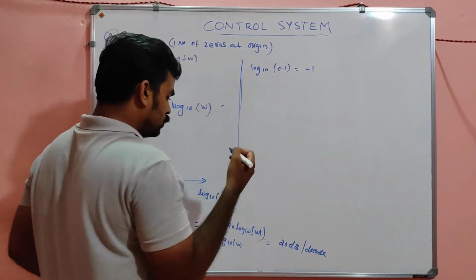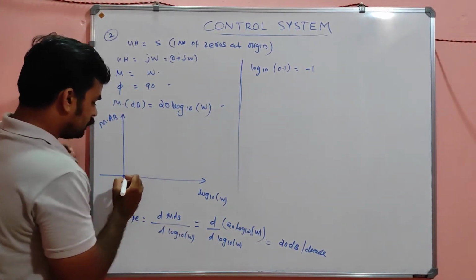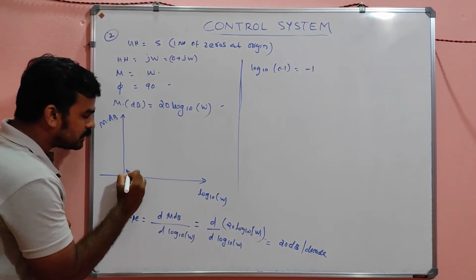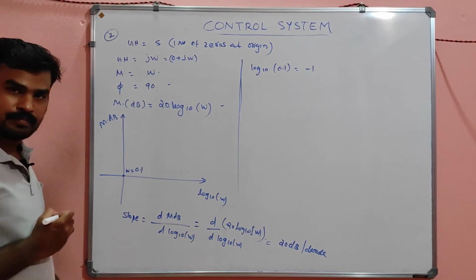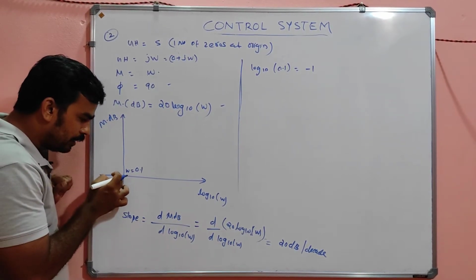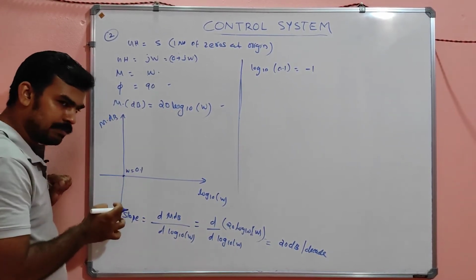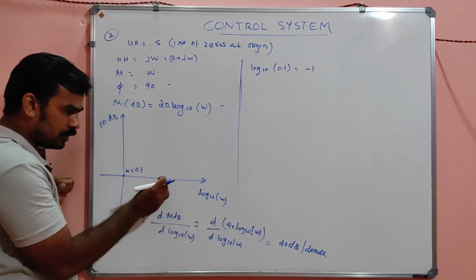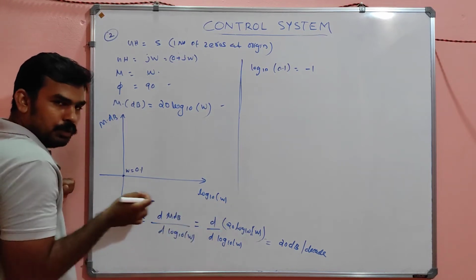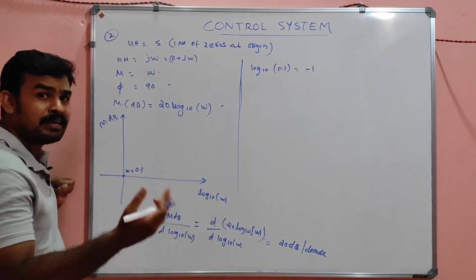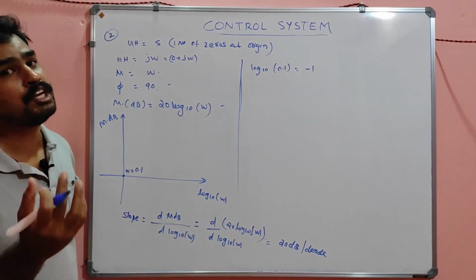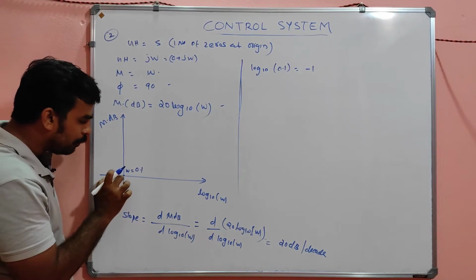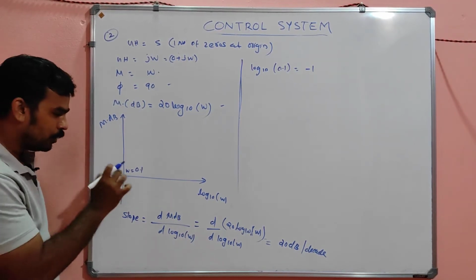So here you can't take omega equal to 0, but you can take a small value. Just above that, omega equal to 0.1 is defined. So you can take omega equal to 0.1 as this point.